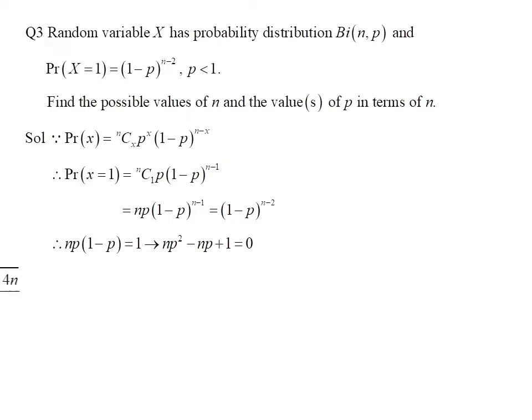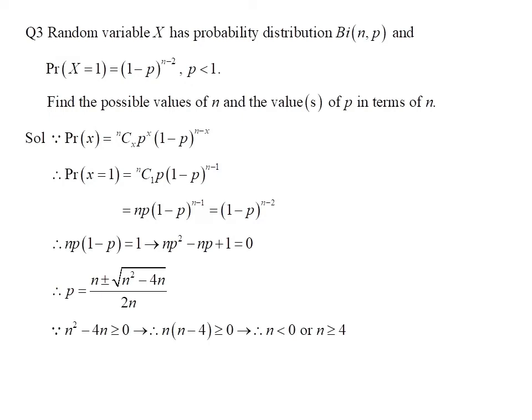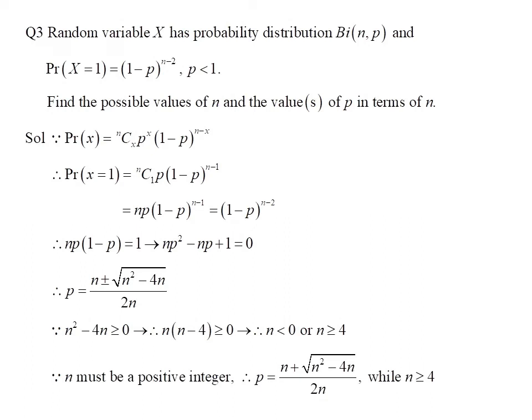In the meantime, since the probability, which is the solution of this quadratic equation, must be in the range between 0 and 1, and in addition the discriminant of the quadratic also must be greater than or equal to 0, considering all the above constraints, we have the fractional expression of p equals the sum of n plus the square root of n squared minus 4n, over 2n, where n is greater than or equal to 4.